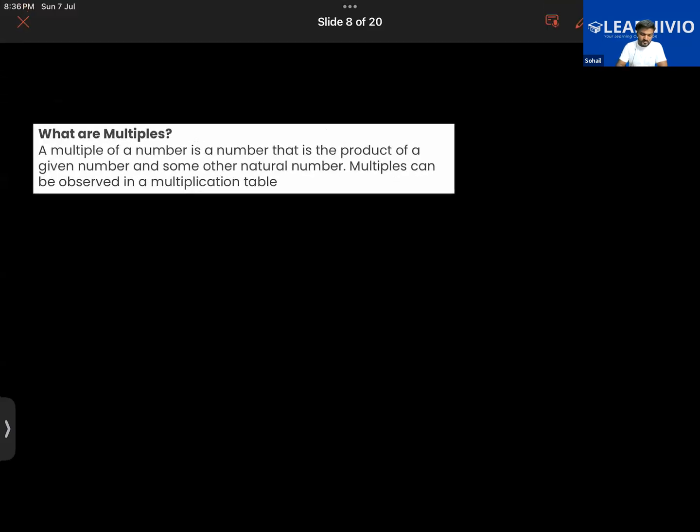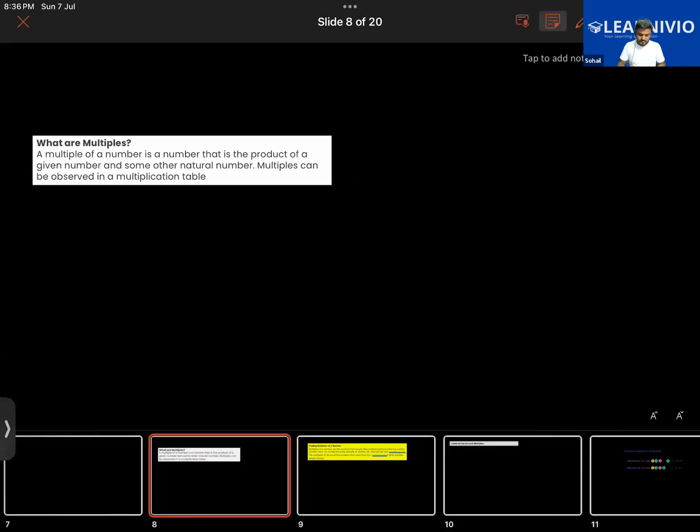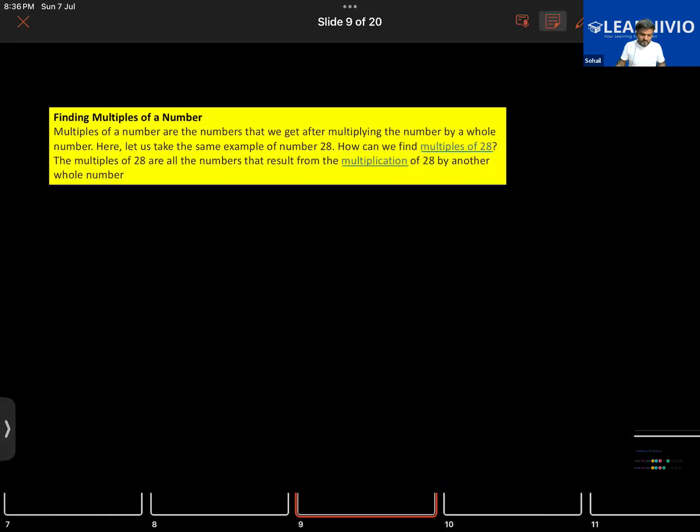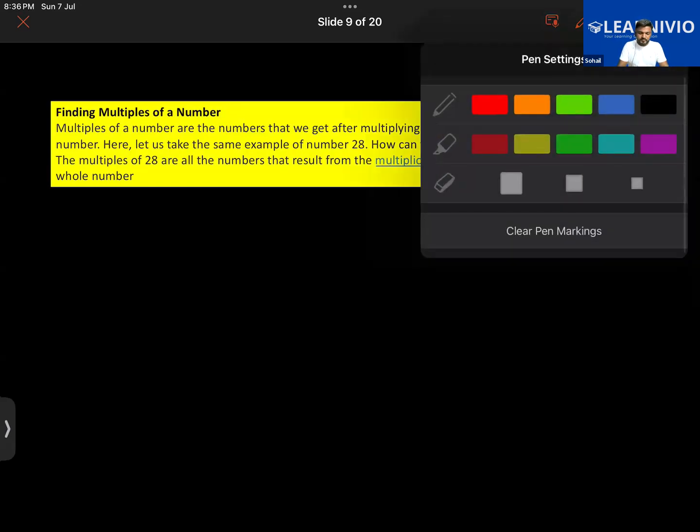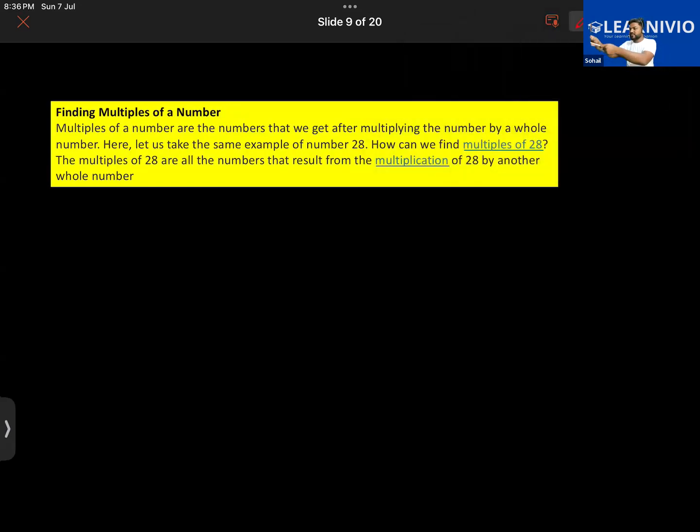For example, you have any given number, you can find its multiples. The multiples of the number 1 are 2, 3, 4, 5, 6, like that.